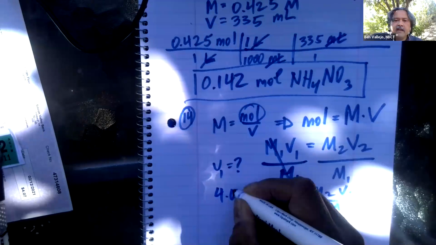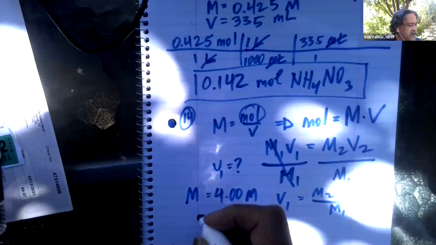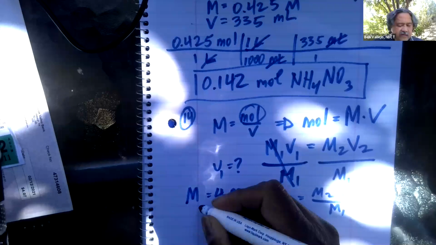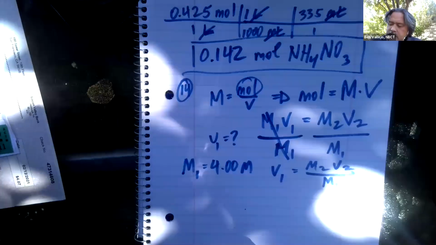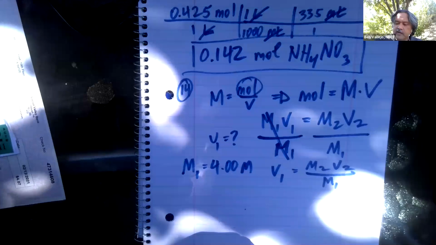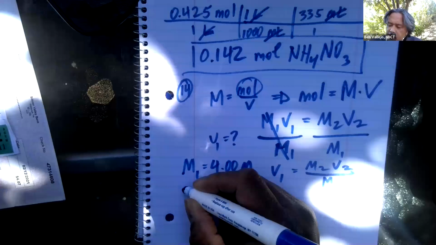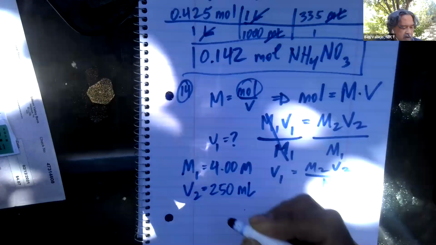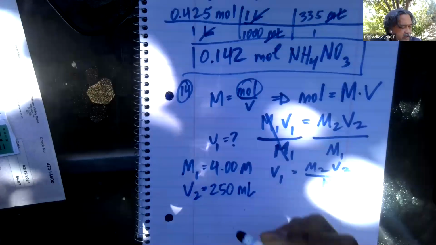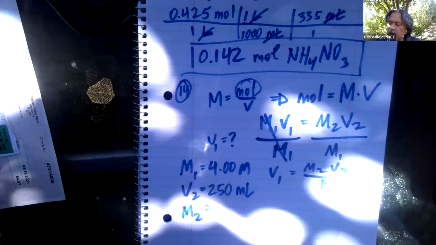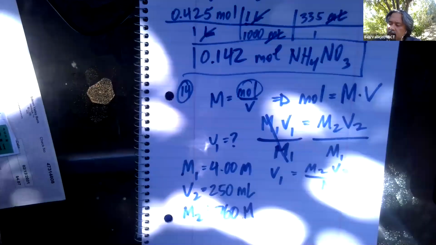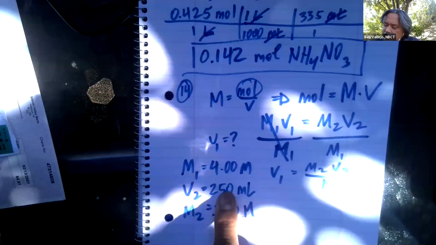Then they continue and say are needed to prepare 250 milliliters, so that's going to be our second volume, 250 milliliters of a molarity, M2, of 0.760 M. 3 sig figs all the way across. V1 is equal to that, and so we just plug everything in.